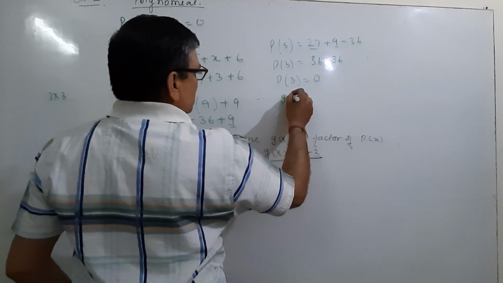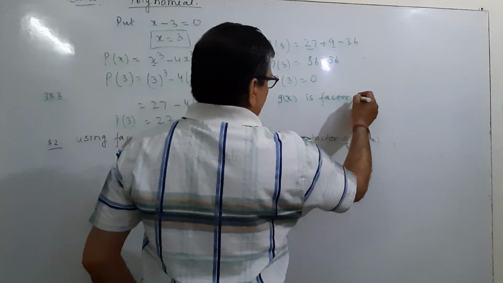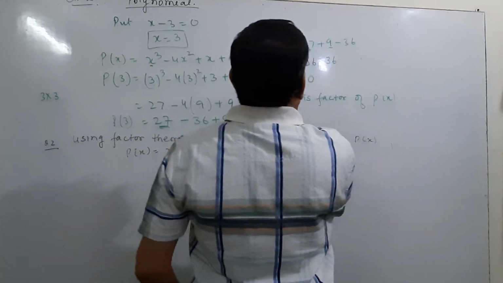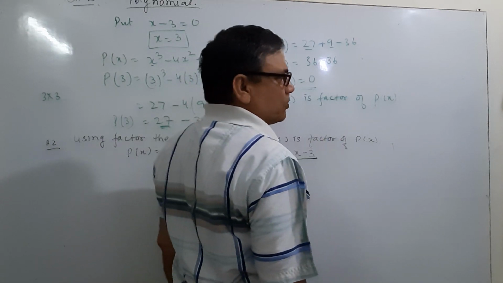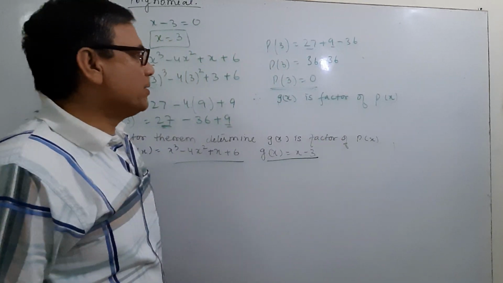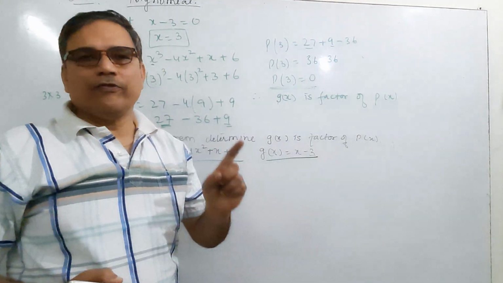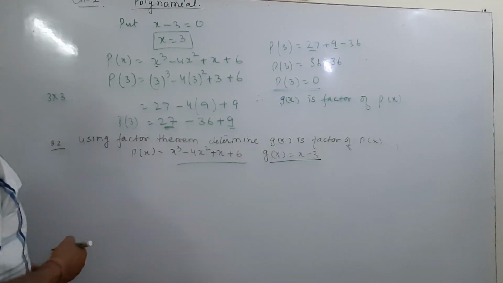Therefore, g(x) is a factor of p(x). Why? The remainder is equal to 0. It means P of 3 is equal to 0. Therefore, g(x) is a factor of p(x). If the remainder is not equal to 0, then g(x) is not a factor of p(x).